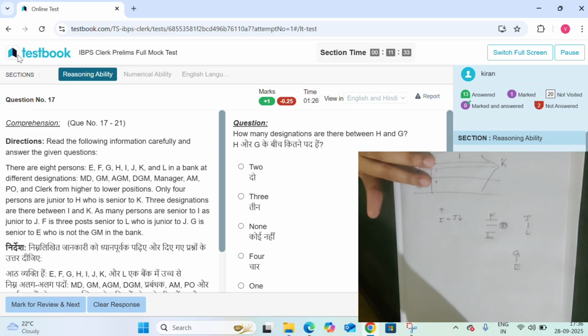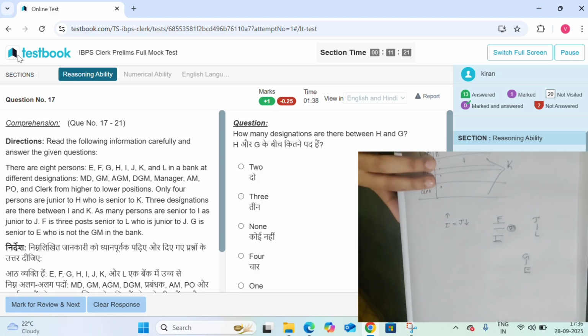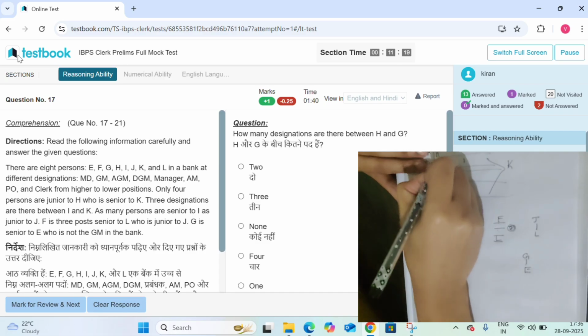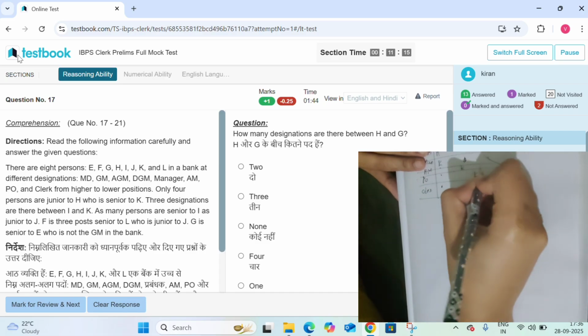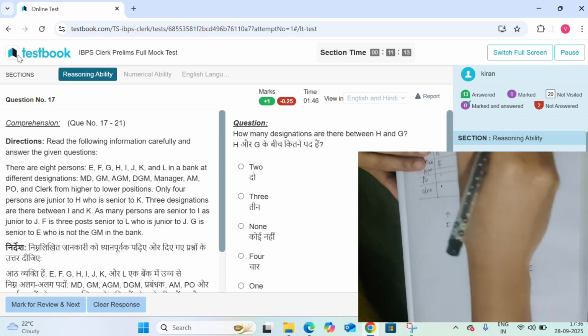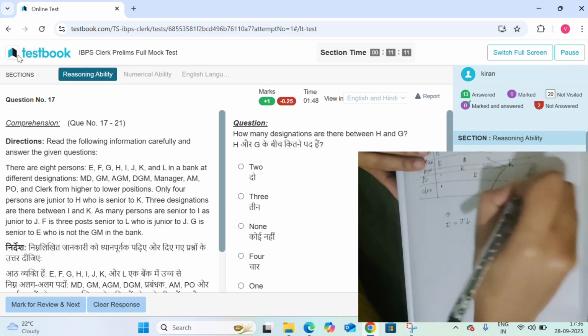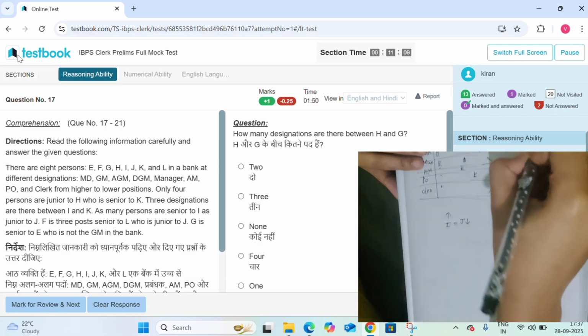K should be here. 3 designations are there between I and K. Okay, that's I and K, right? So if I take K here and K here, H and the K, and one more possibility. Okay. So H and the K.